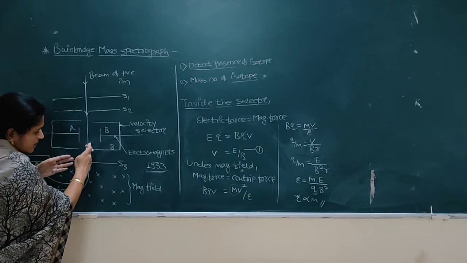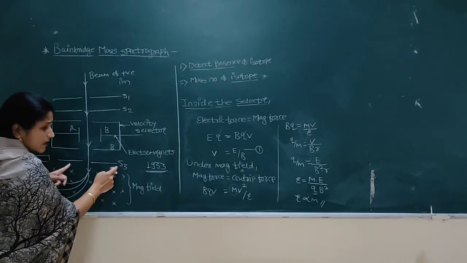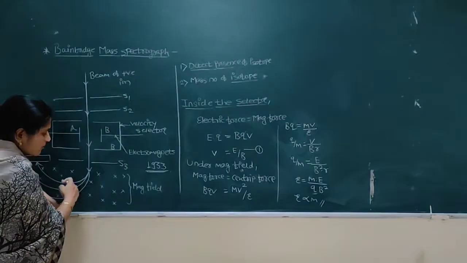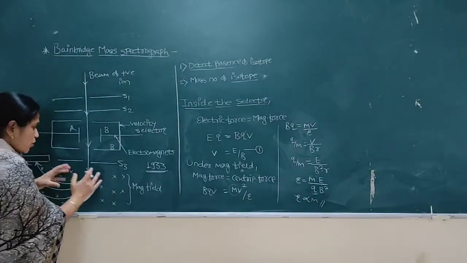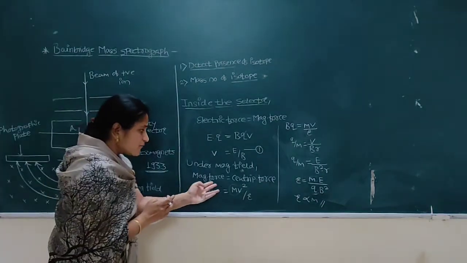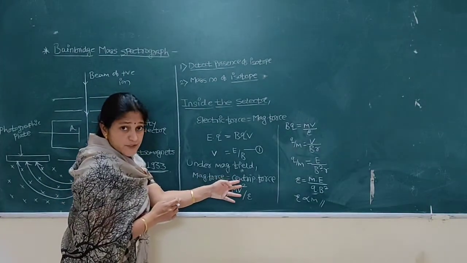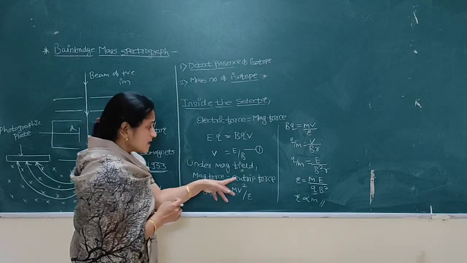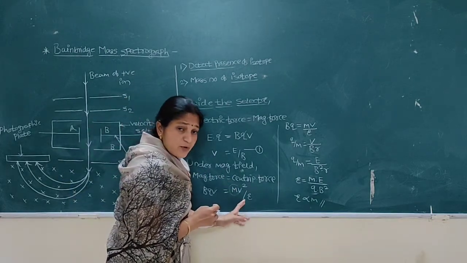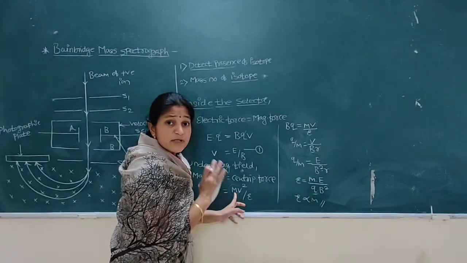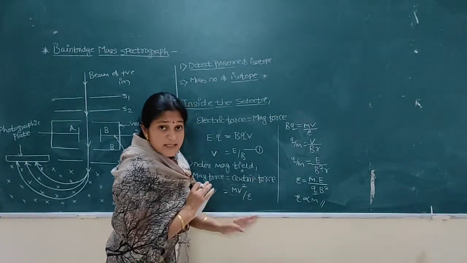Now after that, these ions again pass through the slit S3 and enter into the uniform magnetic field. Under the influence of this magnetic field, we can write magnetic force is equal to centripetal force. Magnetic force is BqV and centripetal force is mv squared upon r. This m indicates the mass of the ion moving with velocity v and with the radius r.